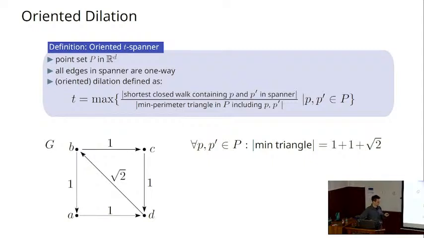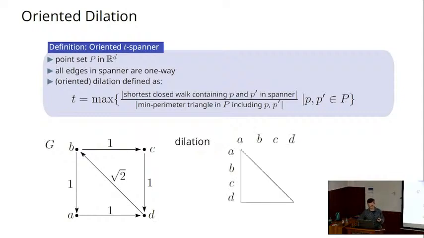First of all, if you look at the denominator, for any pair of points here, the denominator is simply 1 plus 1 plus square root of 2, because for any pair of points, if you just look at the point set, ignore the spanner, there's such a triangle. Also for A and C, there's this triangle here, because this is not about the spanner, it's just about the point set. So that's the denominator.